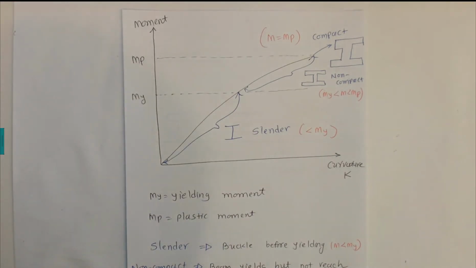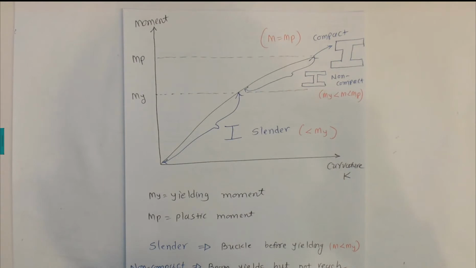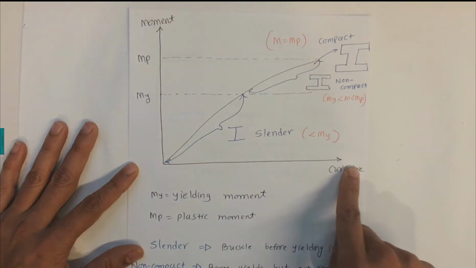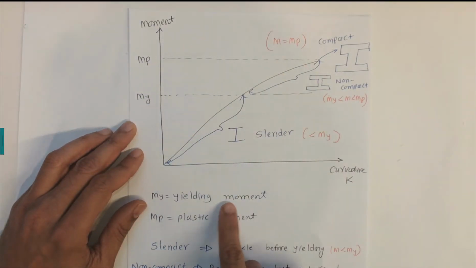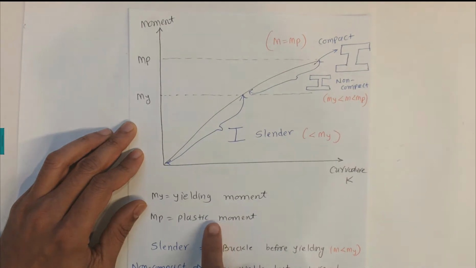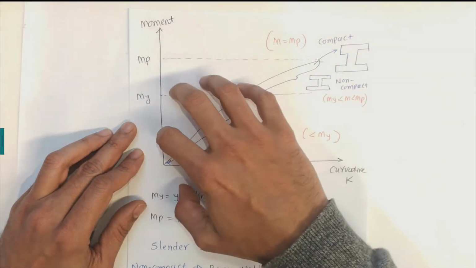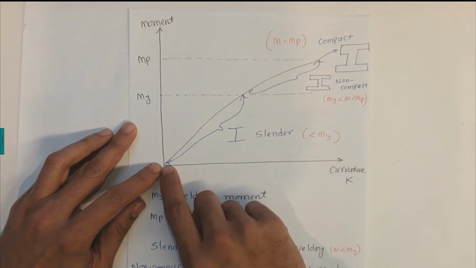Now the next topic is moment curvature. I'm going to explain this with moment on the y-axis and curvature on the x-axis. My stands for yielding moment, Mp stands for plastic moment. If I draw the moment versus curvature, when the beam is subjected to moment, it starts at 0.